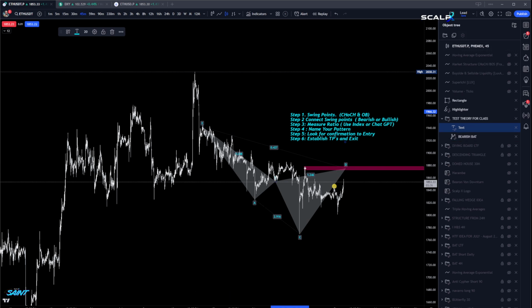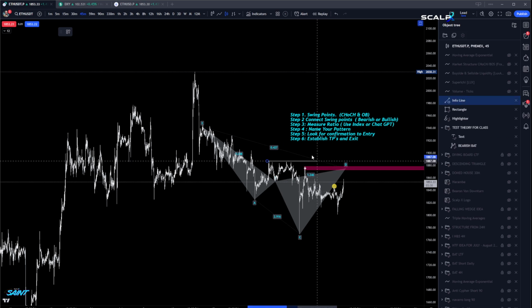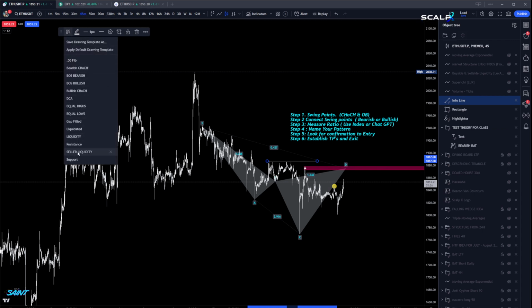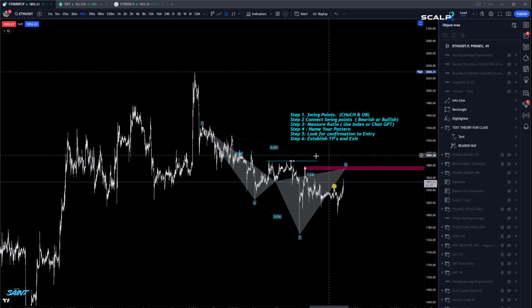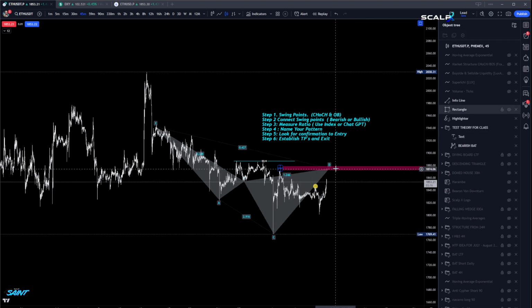Because you have equal highs right over here that never got liquidated, right? So this area could potentially be bait.